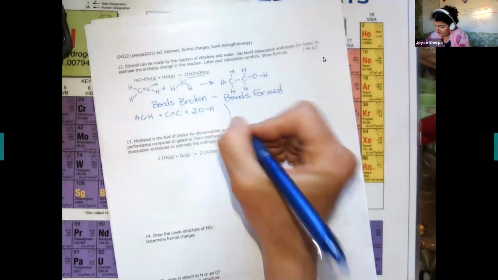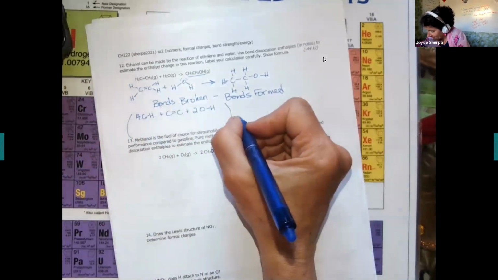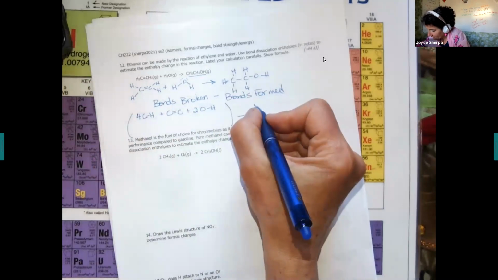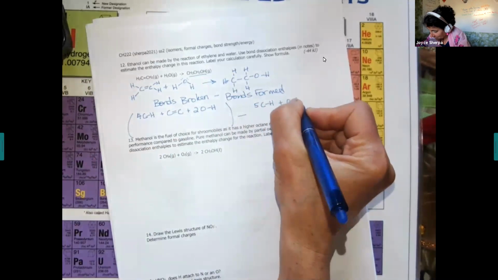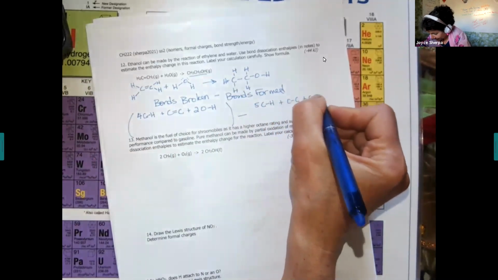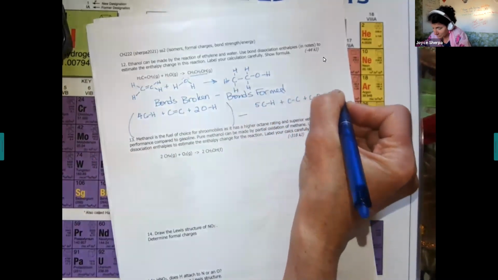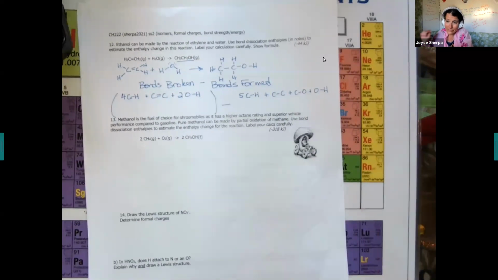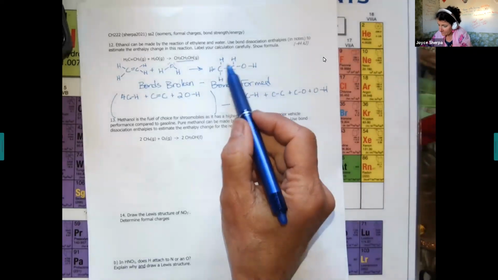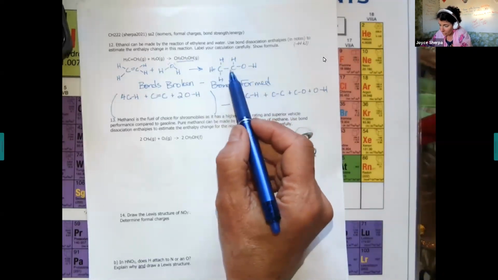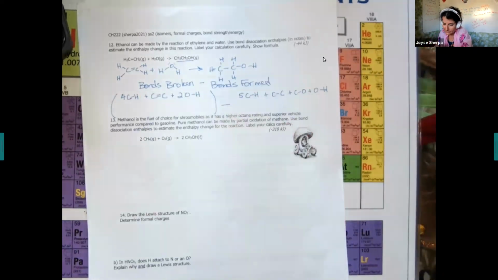And so that's going to be our bonds that are broken. And then over here, we have 5 carbon-hydrogen bonds, a carbon-carbon bond, a carbon-oxygen bond, and an oxygen-hydrogen bond. So this is the key, making that list of all the types of bonds: the carbon-hydrogen, then in the middle we have a carbon-carbon, carbon-oxygen, oxygen-hydrogen.